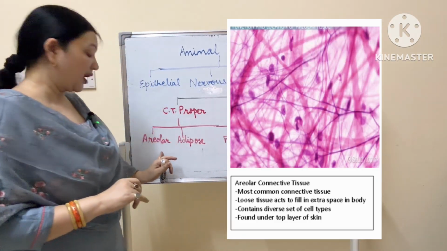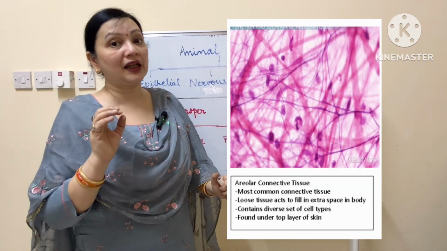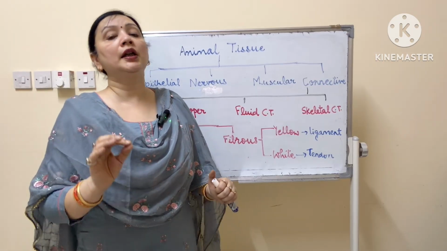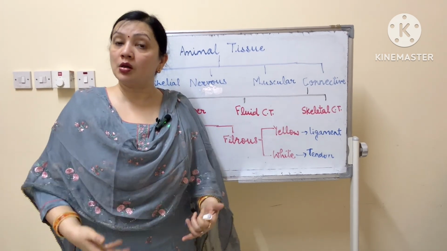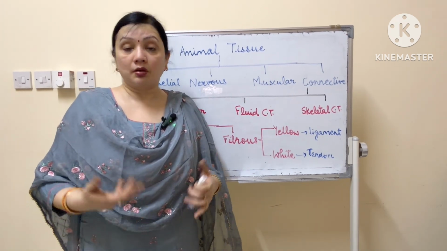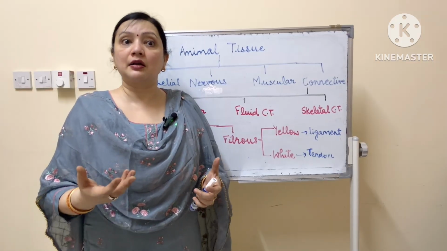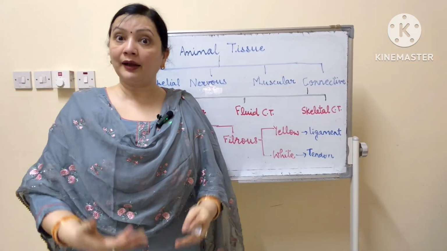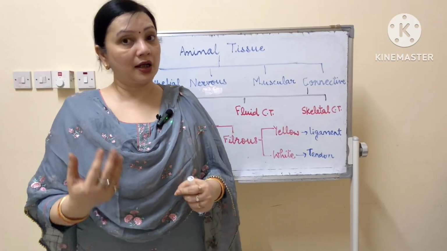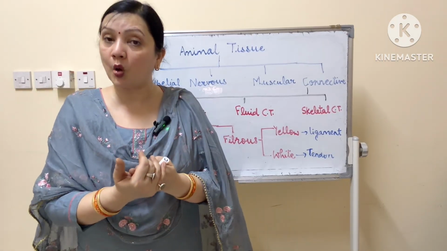So this areolar tissue also prohibits any injury to the internal organs. When we are jumping, our organs are also jumping, but they do not get injured. Now, if you imagine lungs, it is present right next to the rib cage. Entire day it keeps on moving. But does it get hurt, or does it get stuck to the bones?